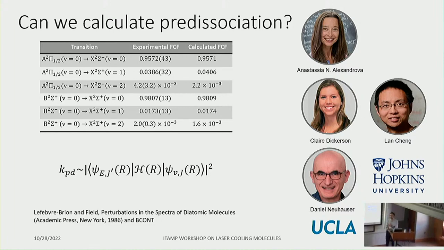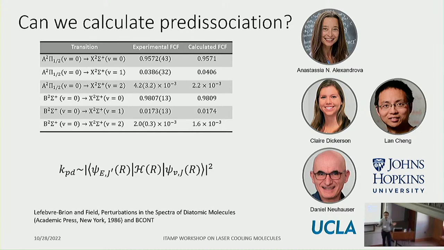Then you can calculate the predissociation rate using the simple Fermi golden rule picture, where you have a density of states and a coupling matrix. You have the wave function in your continuum state, which is characterized by energy because it's no longer quantized, and on the right, you have your discrete vibrational wave function. Then you have a coupling matrix that you have to figure out.